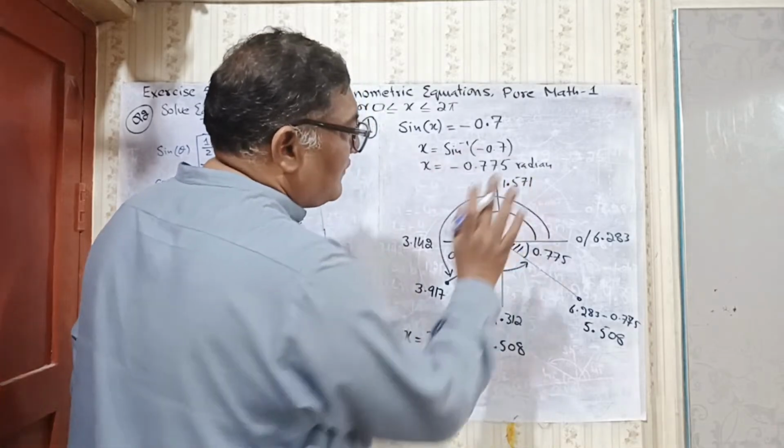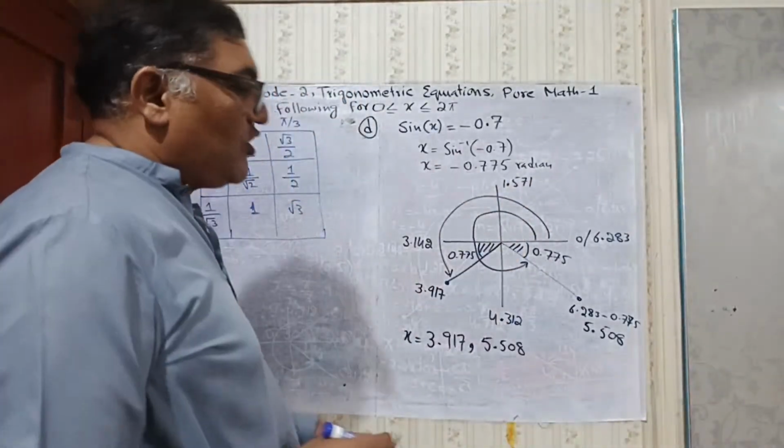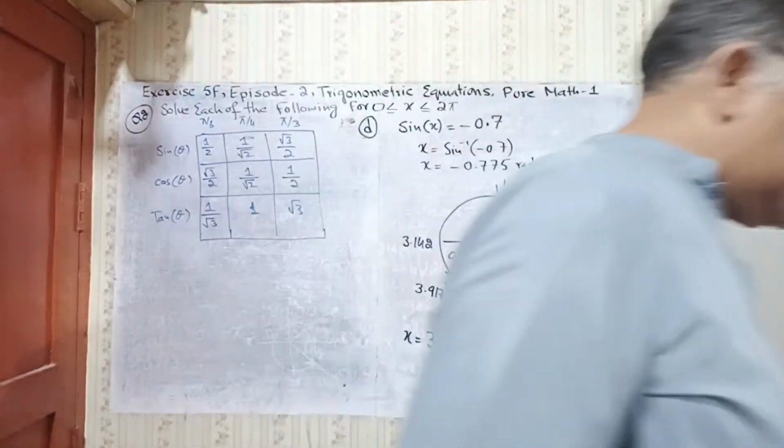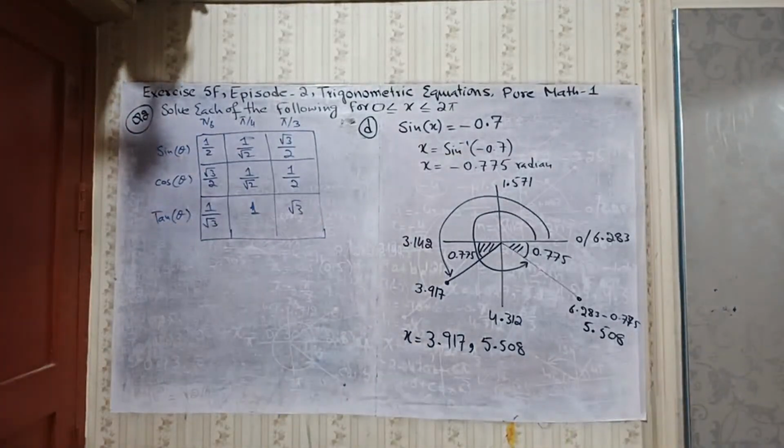From here I only found the base angle, and because the sign is negative, I know that the angle is in the third quadrant and in the fourth quadrant. And this is how we found the values. Let's check: question number 2, and we have done its D part. Its answer is 3.92.